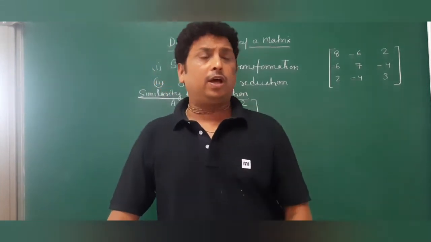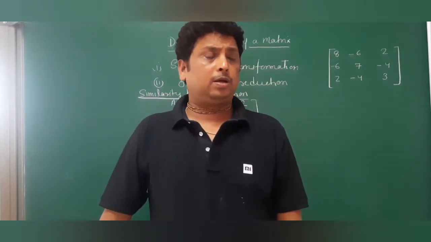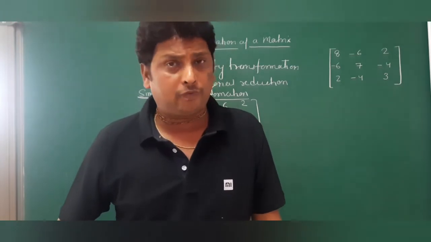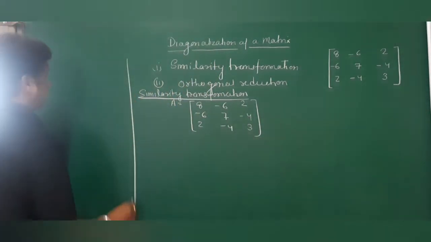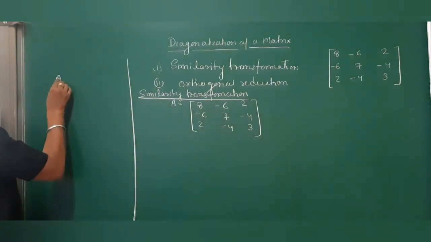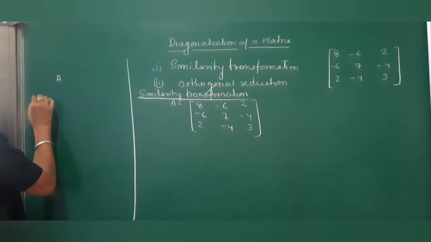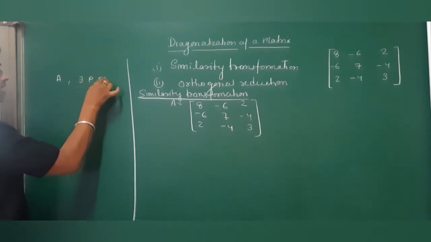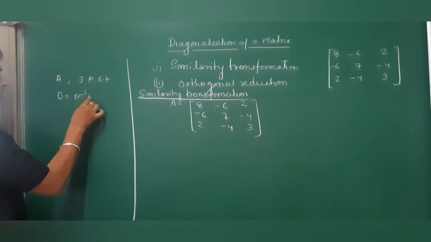So first of all, you should know about similarity transformation, and second, what is the meaning of diagonalization. A matrix A is said to be diagonalized if there exists a non-singular matrix P such that B is equal to P inverse AP.